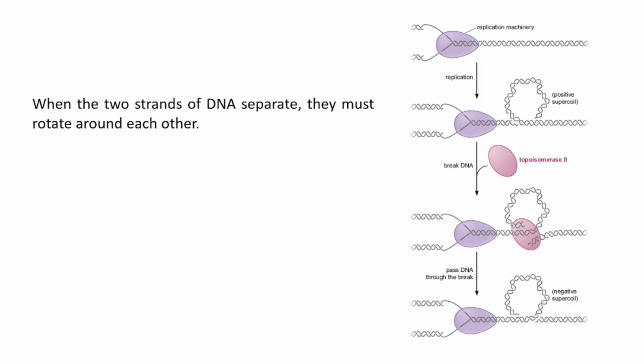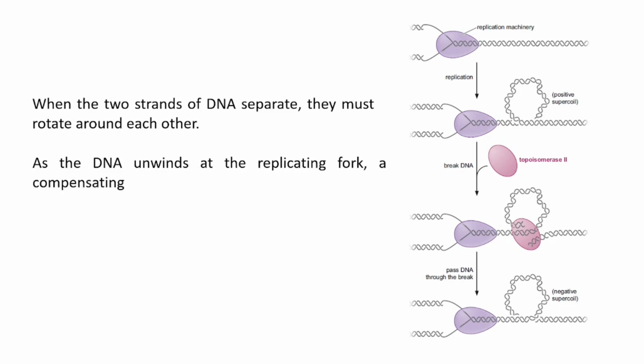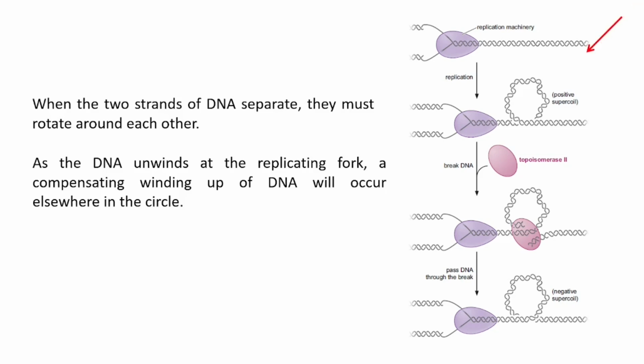As the DNA unwinds at the replication fork, a compensating winding up of DNA will occur elsewhere in the circle. This tightening of the helix will create intolerable strain unless it is relieved somehow.